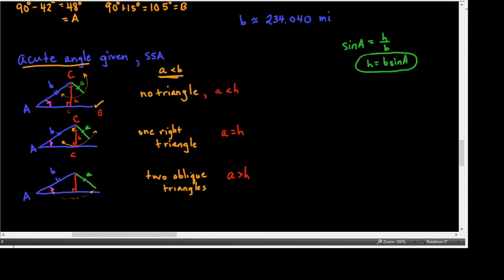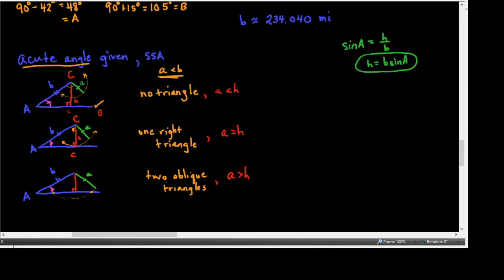Okay? So those are the possibilities if you have an acute angle given, side A that's given, which is the same name as the angle that's given, is shorter than the other given side. A is less than B in my pictures.